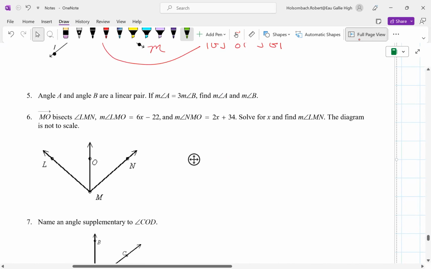Angle A and B are a linear pair. So if they're a linear pair, then they form a line.